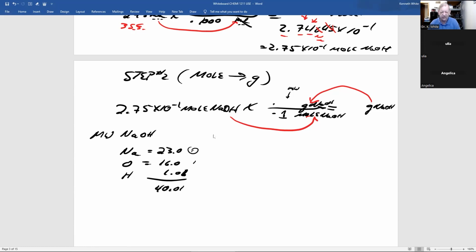That's 1 past the decimal, 1 to the right of the decimal, 2. By the way, this is a number 1 there. And you get the same number of significant figures to the right of the decimal as the number with the fewest significant figures to the right of the decimal. In this case, that would be 1. Keep the 0, use the 1 to round off. Therefore, that's 40.0. Notice moles cancel out.